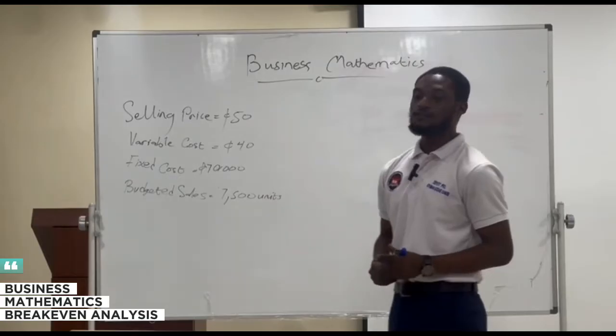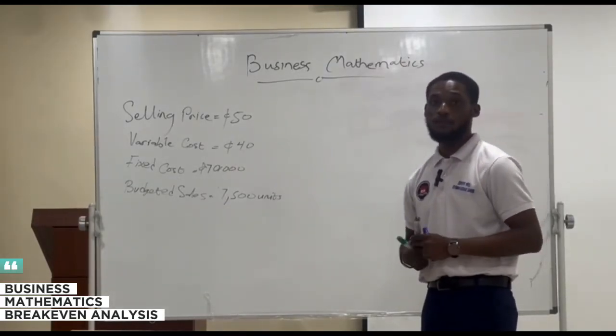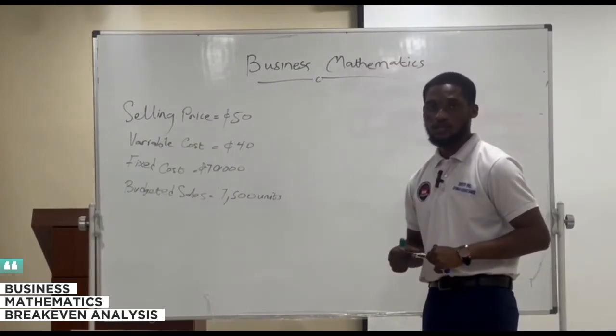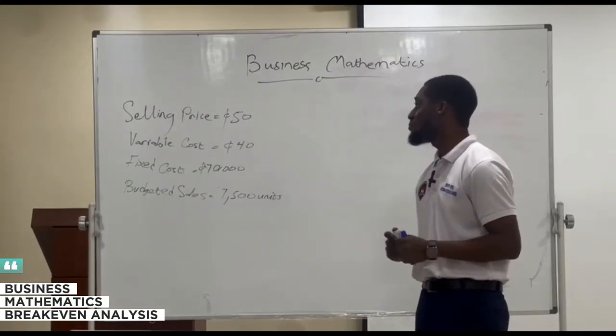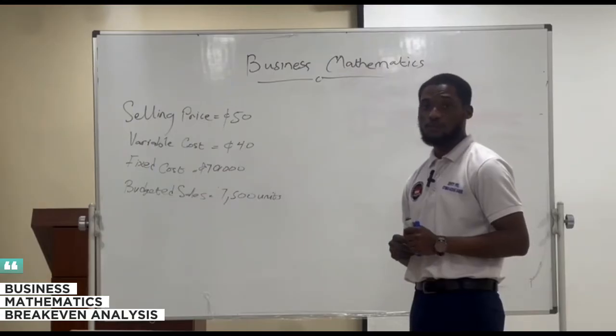We have to have it in mind that before we can go ahead to find our break-even point, we have to find our contribution per unit, because our contribution per unit is the selling price minus variable cost.